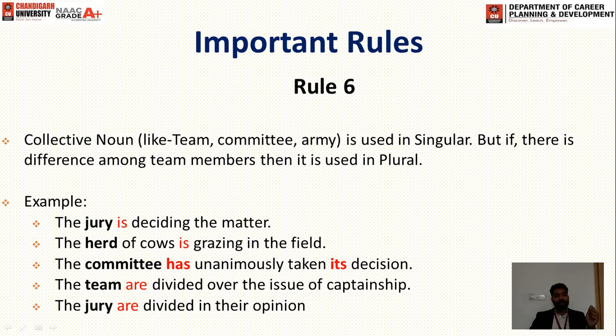The jury are divided in their opinion. If the jury had not been divided, I would have used its: the jury is not divided in its opinion. But if the jury is divided, then I'll be using are, and here I'll be using their.